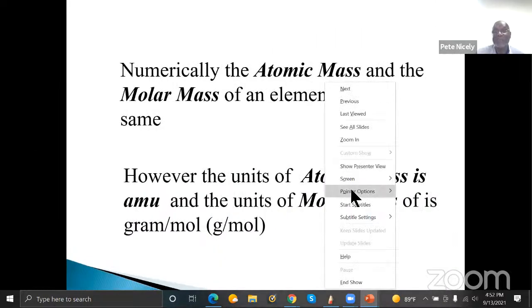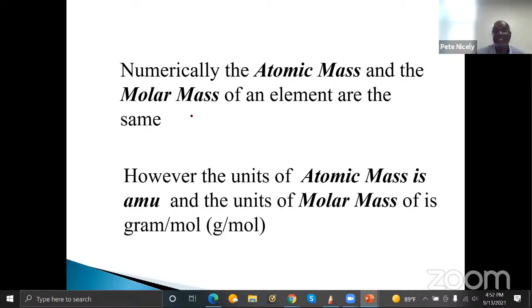Let me go to my pen again. So if you look up the periodic table and you look up the atomic mass of sodium, then that would be equal to 22.99 AMU.